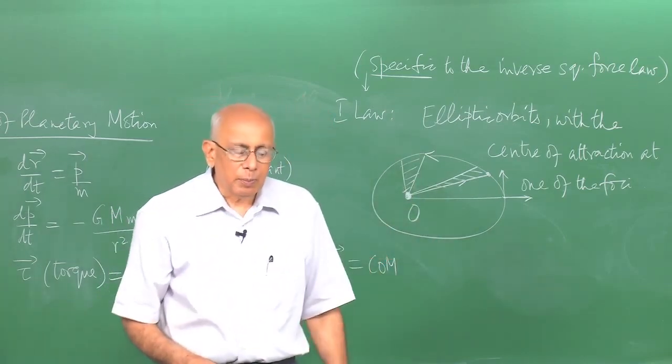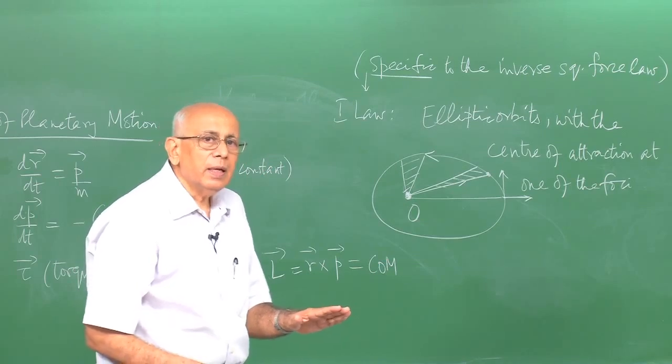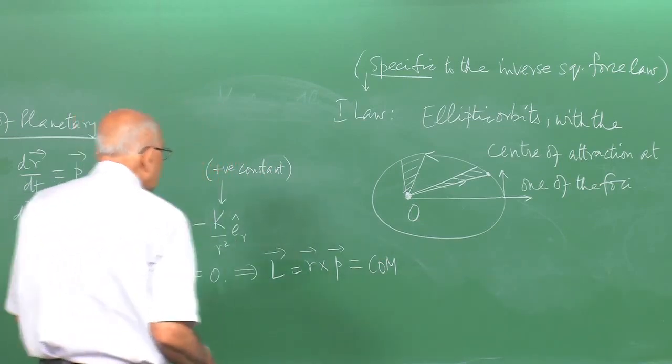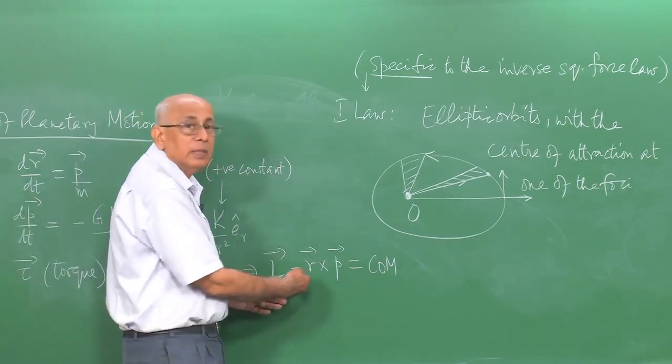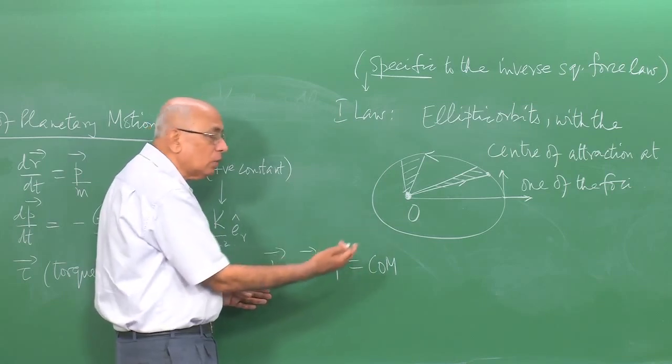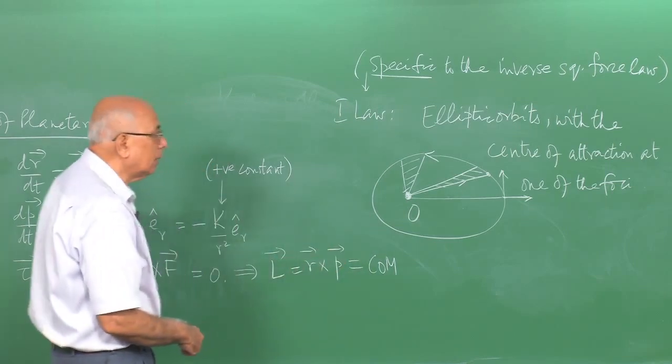So the planarity of the orbit is really arising as a consequence of the fact that the orbital angular momentum is a constant of the motion, both in magnitude as well as direction.